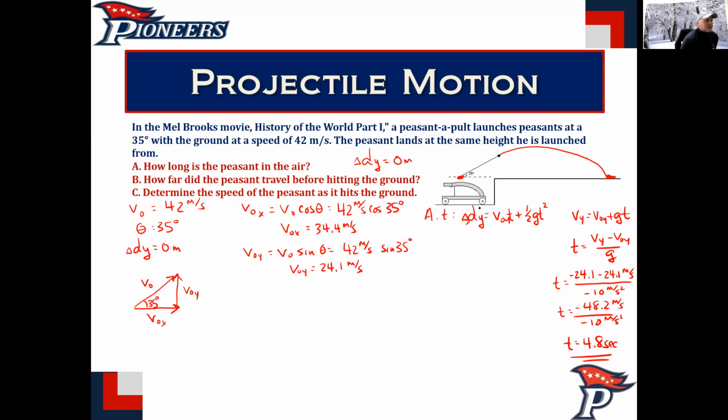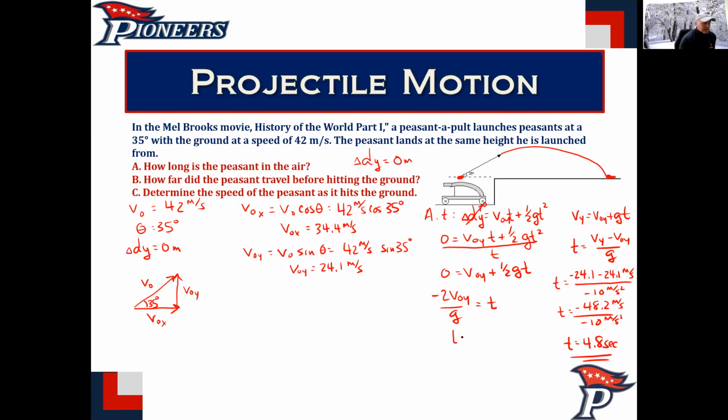Let me just show you what this looks like in case you're going to do that. V0y t plus 1/2 g t squared. I'm going to factor out a t here. Solve this for t. I'm going to subtract this over, multiply by 2, and divide by g.